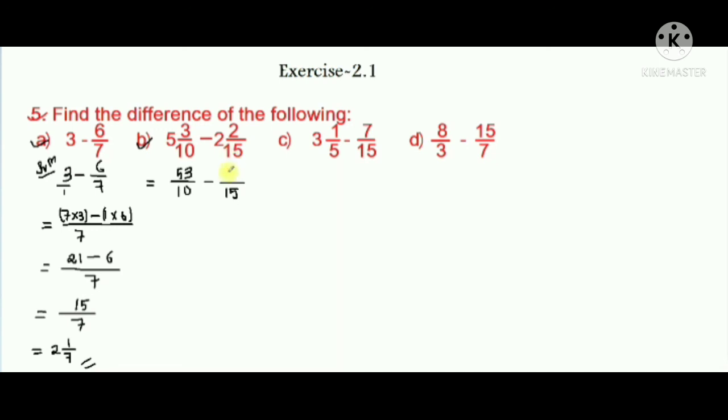Okay, so now again, the denominator is 10 and the other denominator is 15, so we will take the LCM. So LCM of 10 and 15 is what? There will be 30. Okay, so now 10, you see what will multiply with this 10 to get 30? Surely 3, because 10 threes are 30, so here you write 3, and above this 10 there is 53, and give a multiply sign, and then here you write 53.